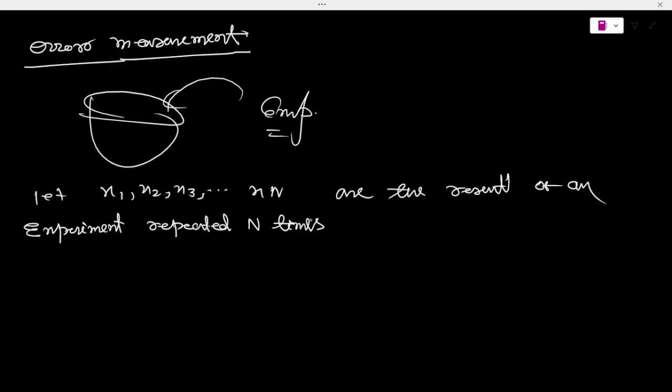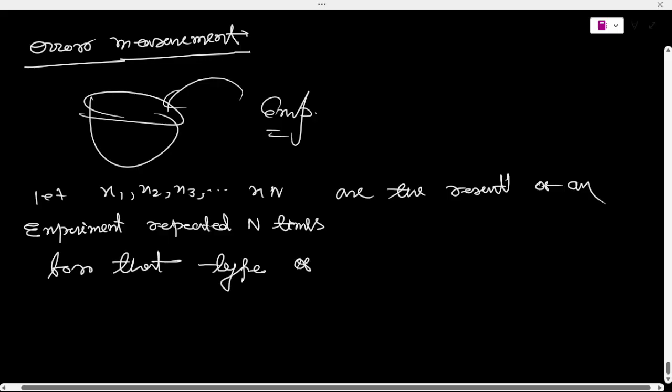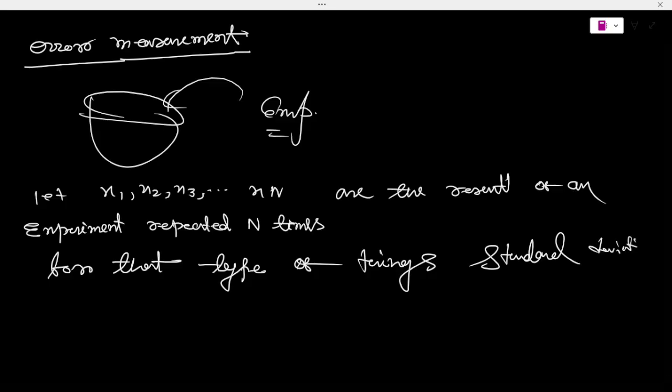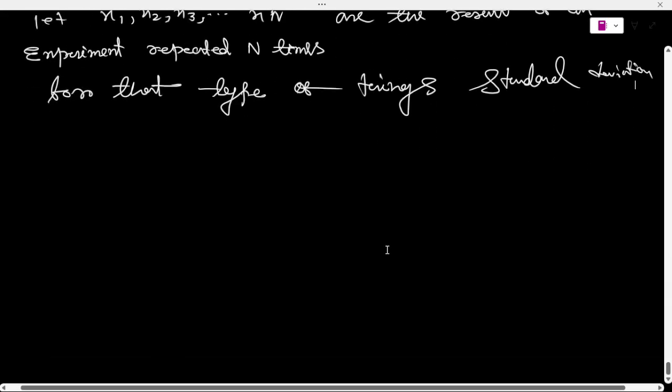And for that, what will be the standard deviation?